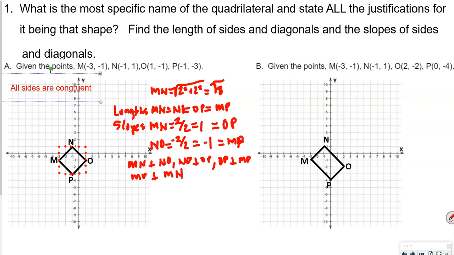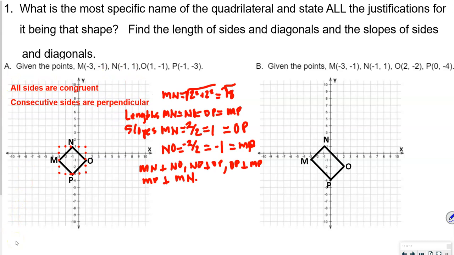Okay, so we can say consecutive sides are perpendicular. So we're going to type that next, okay? So I'm going to put that up here. Consecutive sides are perpendicular. Could be great if I could spell, right?